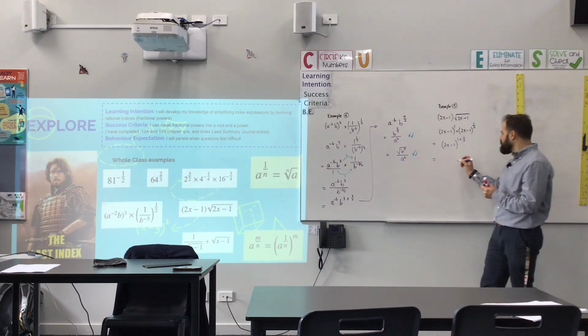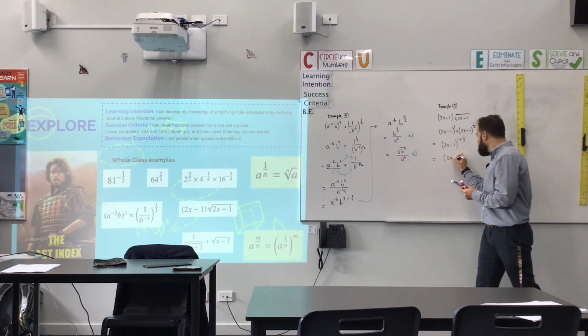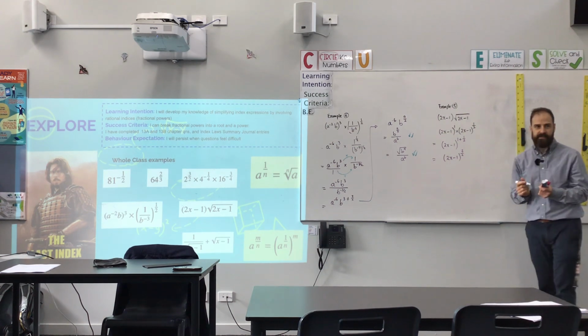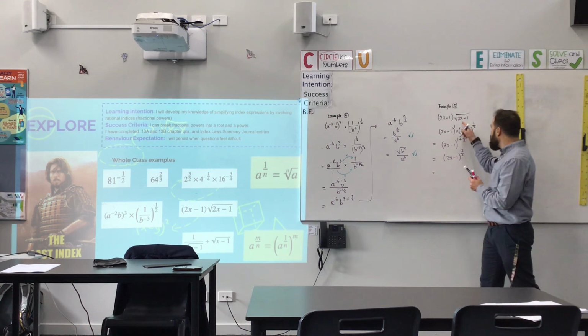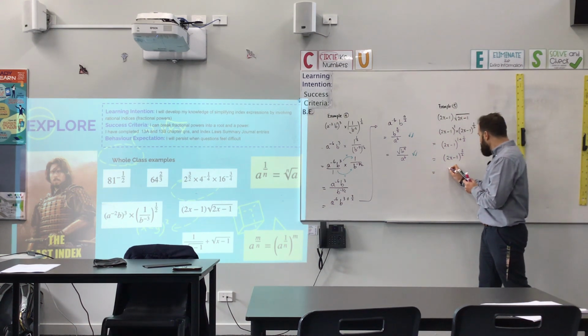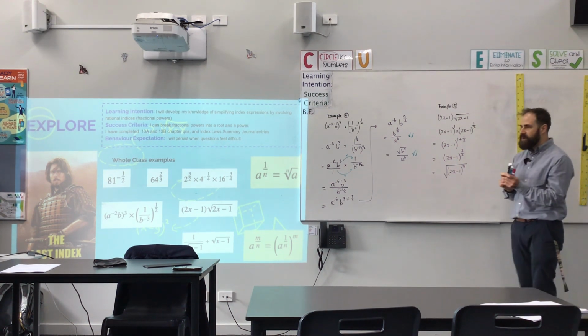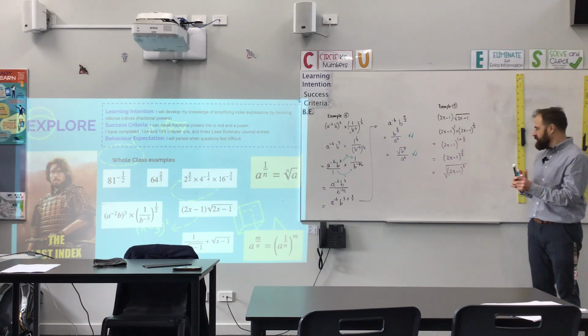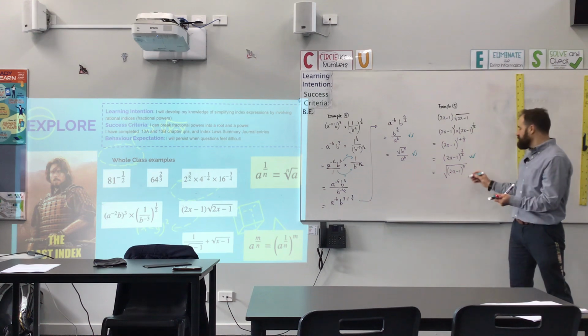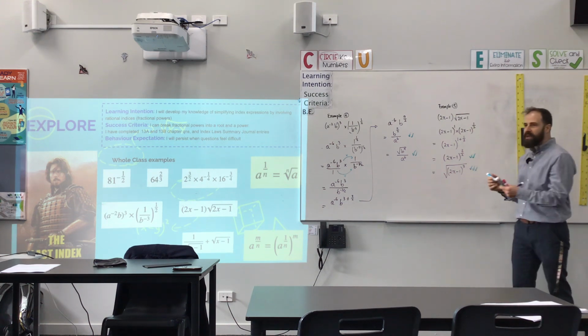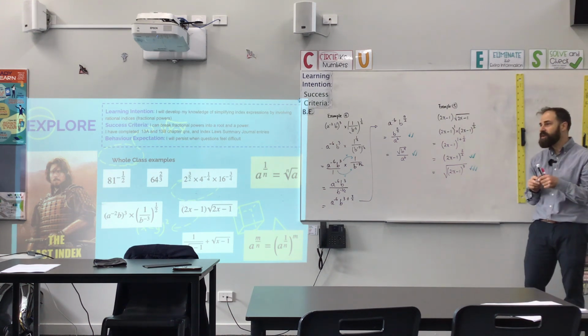What's 1 plus 1/2? 3/2. Done. If I wanted to be clever and write it with a square root, I could make this 2x minus 1 cubed with the square root over the whole lot. Again, perfectly fine. Could be the way that they write it in an exam multiple choice question to try and confuse you.